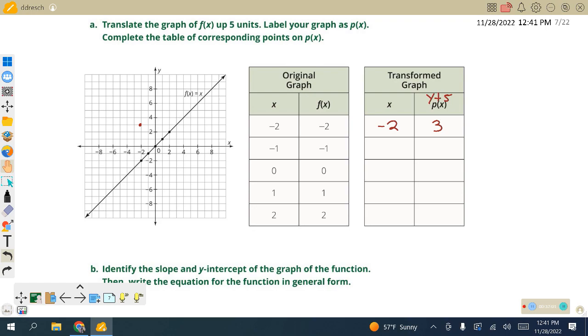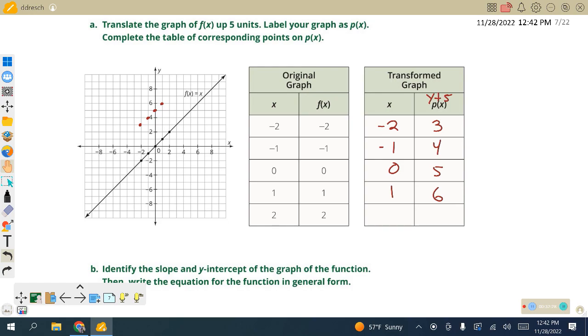And then what do we have for the next one? -1, -1, go up 5. 1, 2, 3, 4, 5. We're at what? -1, 4. Take 0, 0, up 5. And then 1, 1, go up 5. All we're doing is taking that y value and adding 5 to it, right?